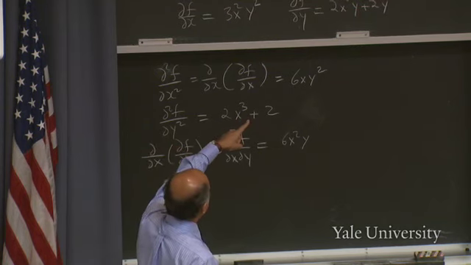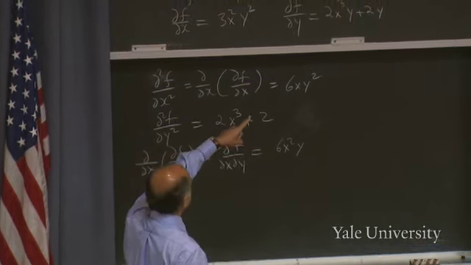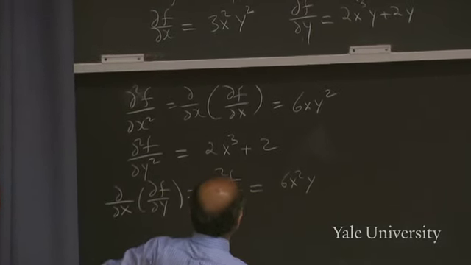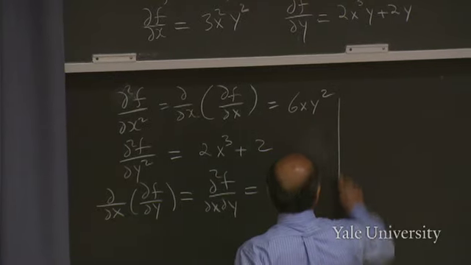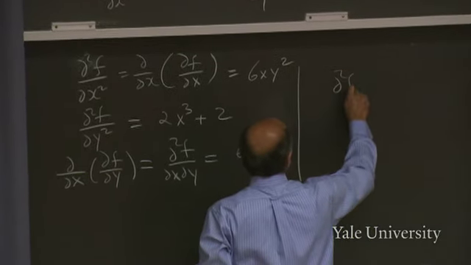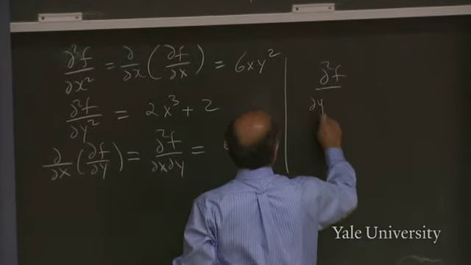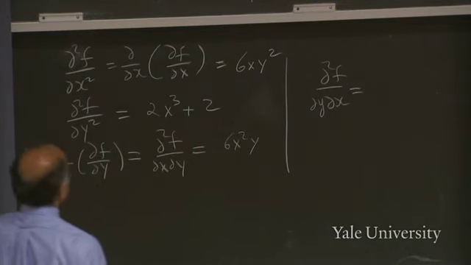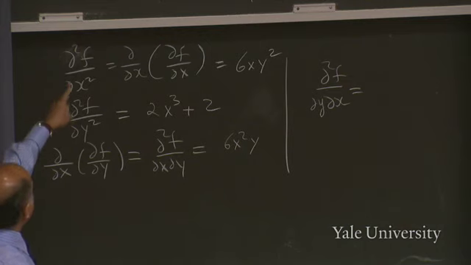So make sure that I got the proper x derivative of this. I think that's fine. Then I can also take d2f dy dx. That means take the y derivative of the x derivative. Well, here's the x derivative.